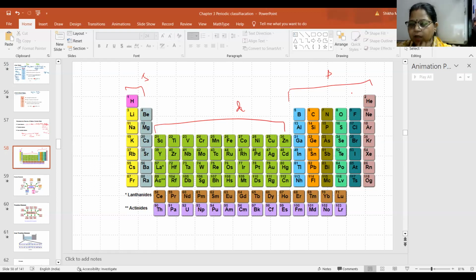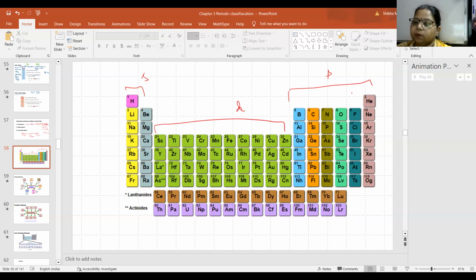It is a transition because on moving from left to right, the elements are changing their behavior from metallic to non-metallic properties, right?